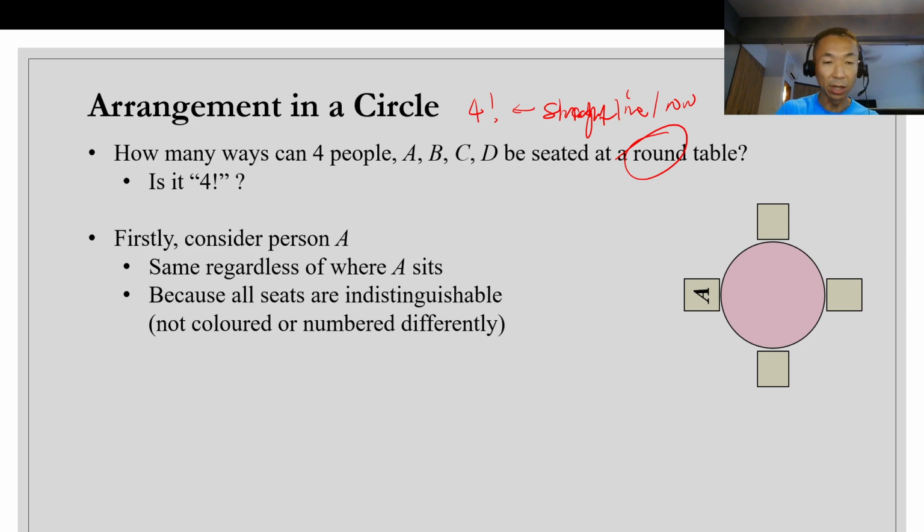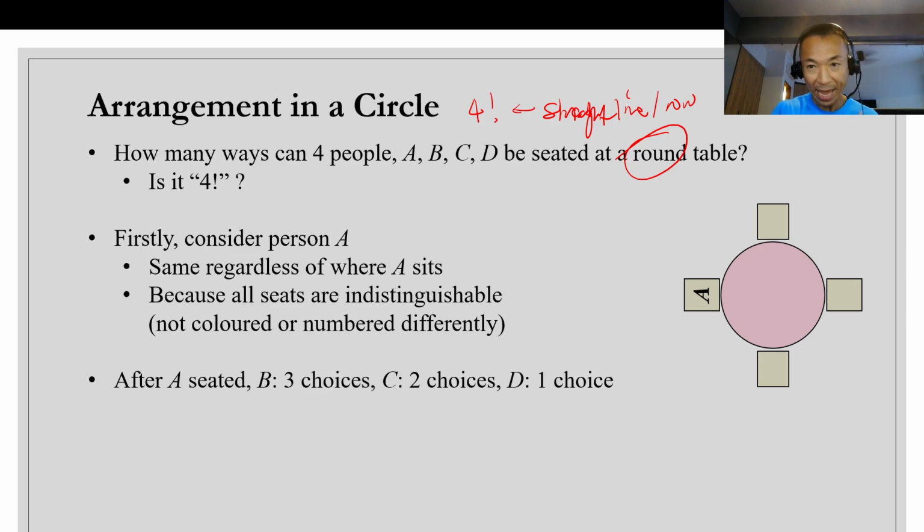But if the seats at a round table are indistinguishable, it doesn't matter where A sits. So the way to look at it is A is seated only one way, and once A is seated here, you fix this A here. There's only one way to do it because it needn't matter where A sits.